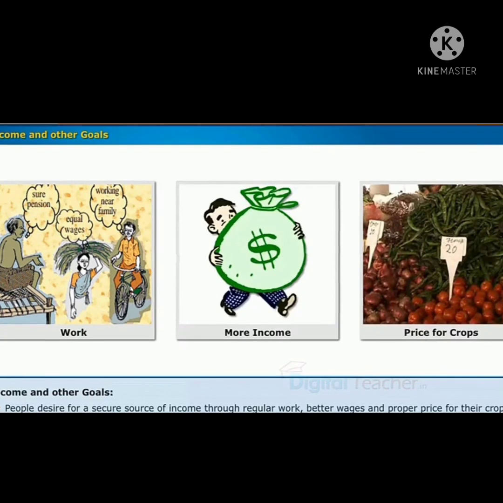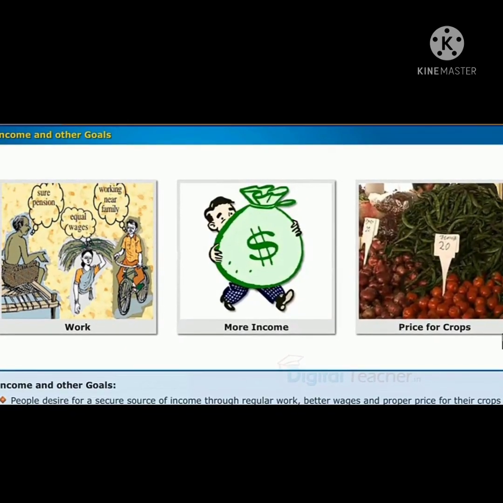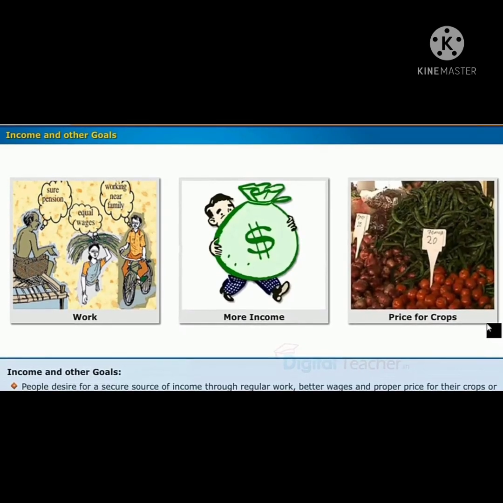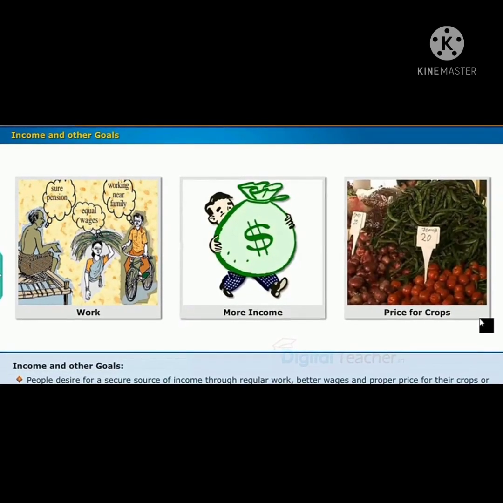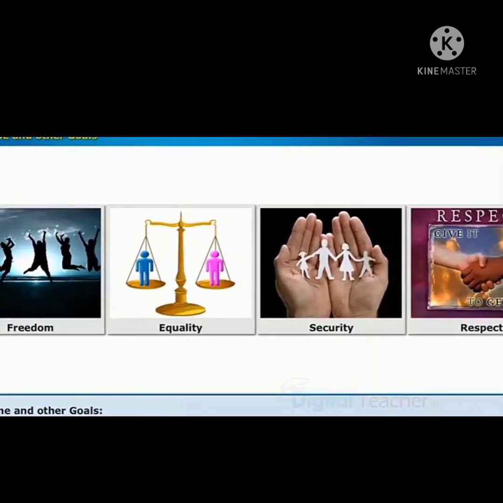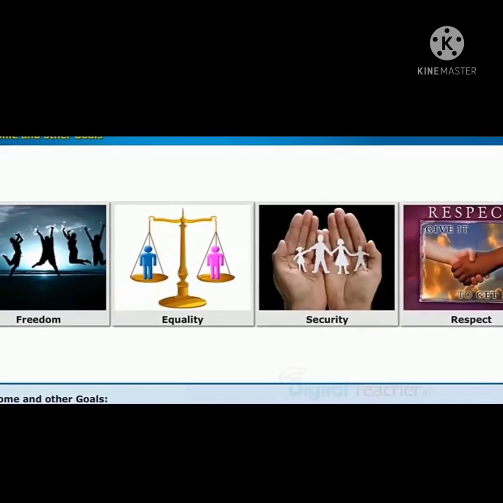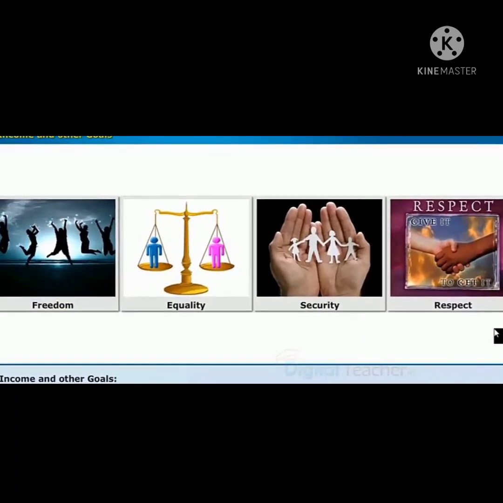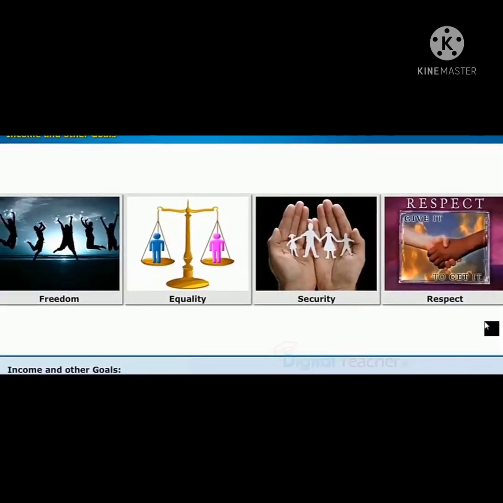In other words, they want more income. Yes, children? So, besides more income, other important goals for a better quality of life are non-material things like freedom, equality, security, and respect from others. All these are important goals.